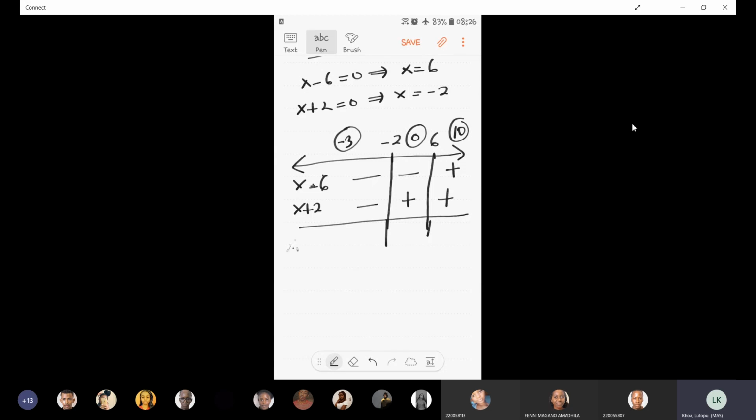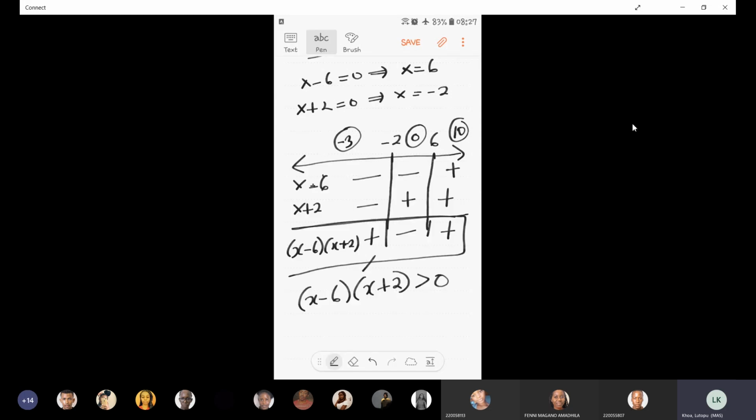And then the product of the factors. So you have negative and negative. This gives you positive, negative and positive, negative, positive and positive. This gives you positive. Then you write down the original question that you were looking at. You said x minus 6 multiplied by x plus 2. This should be greater than 0. So you look at the last row.